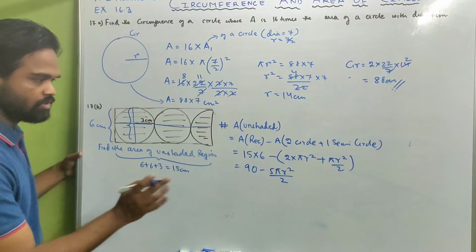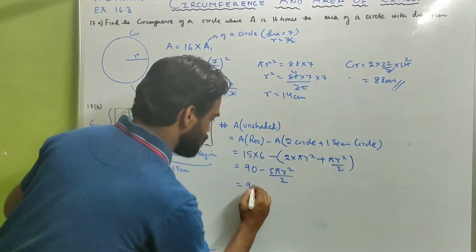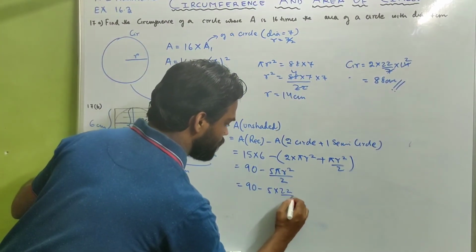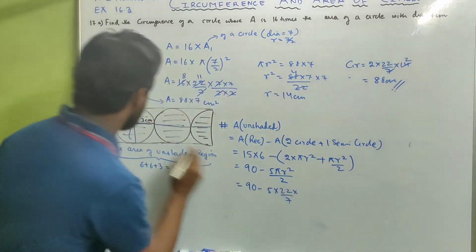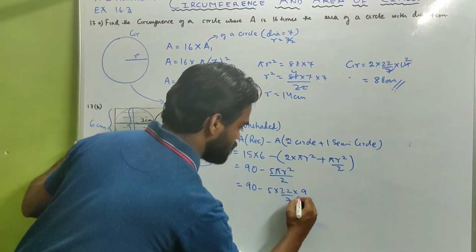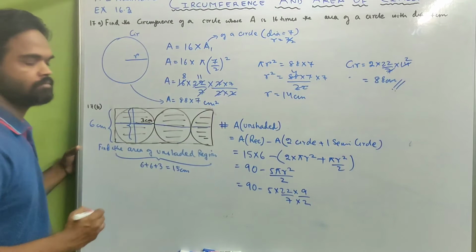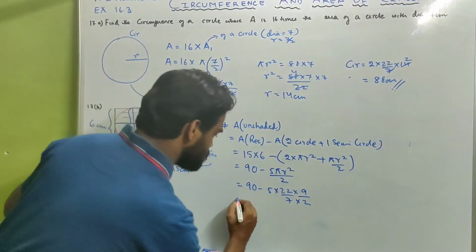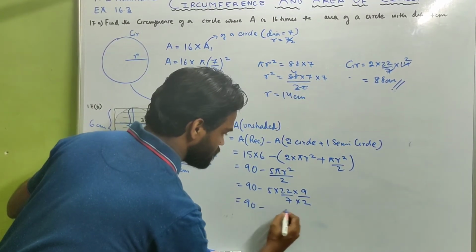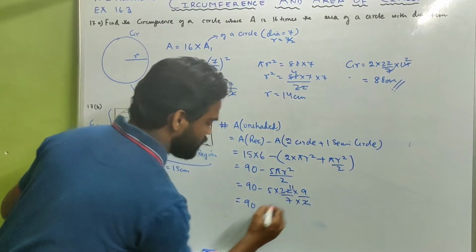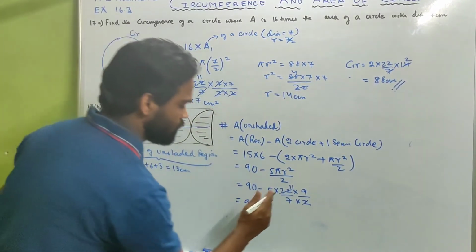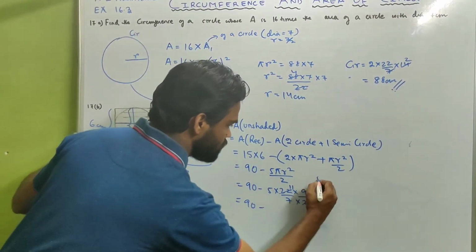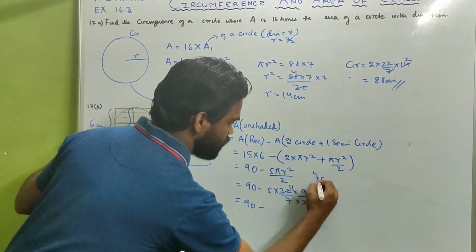Done. Now just substitute the value. 90 minus 5 into 22 by 7. r is 3. So 3 square is 9 by 2. Am I clear? So this is 90 minus this 2 11 times. So this is 55 into 9. So 55 into 9, that's 45.